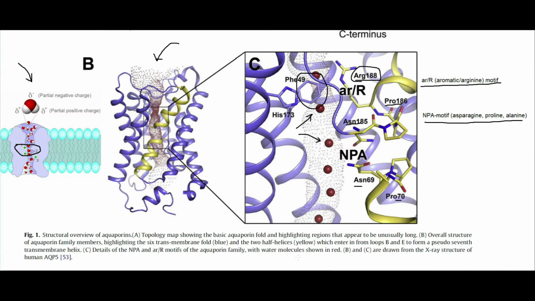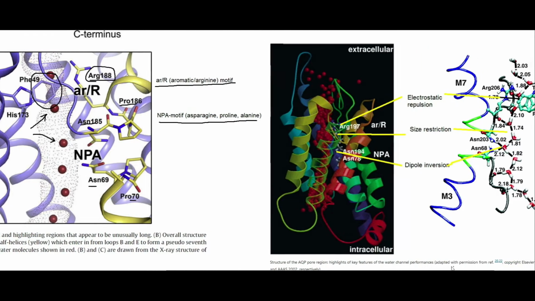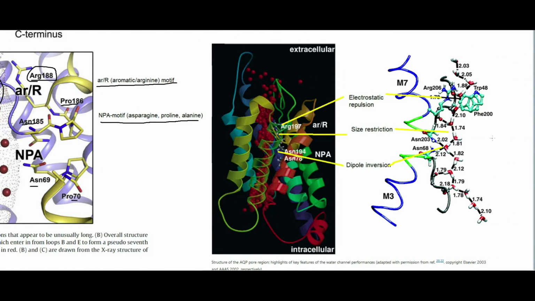And so if we look at this here, this is sort of looking again at this channel. And so we have the arginine, asparagine, and asparagine. Here's the NPA and this aromatic arginine motif here, which has this electrostatic repulsion.